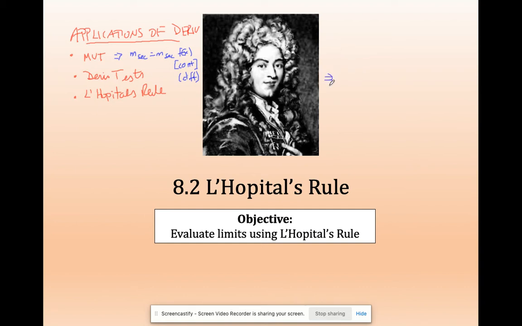The derivative test, the big idea from the derivative test was using the first and second derivative to find out function behavior, right? Extrema, increasing, decreasing, points of inflection, concave up, concave down.